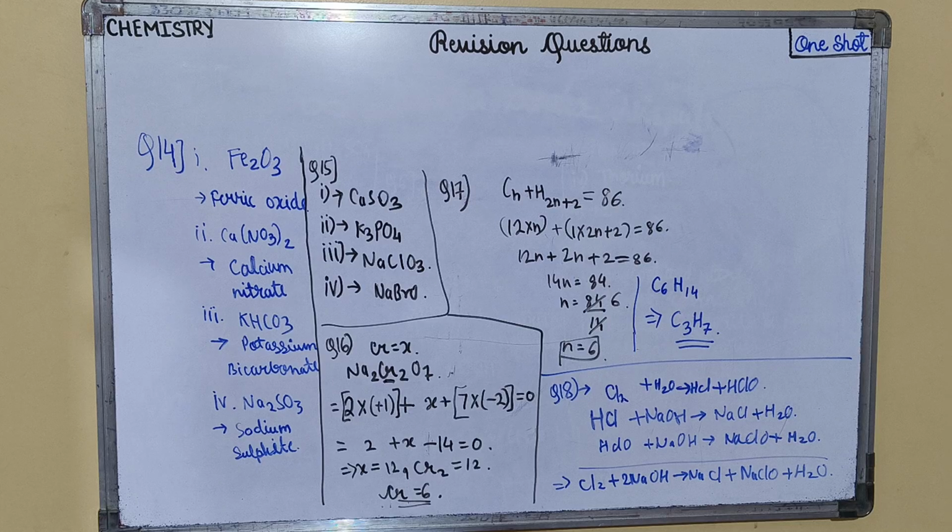There are 7 periods. First period is called the shortest period. Second period is called the short period. Third period is called the typical elements period. Fourth and fifth period is the normal period. Sixth and seventh period is called the longest period.